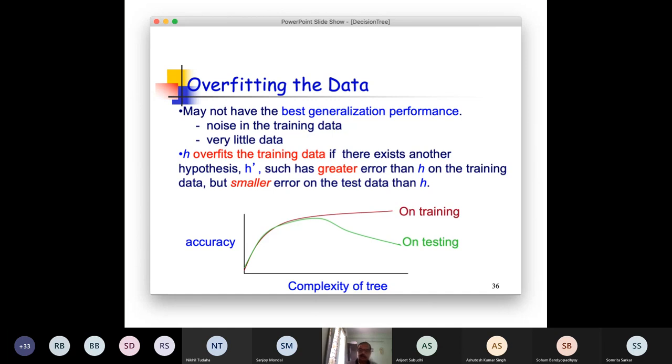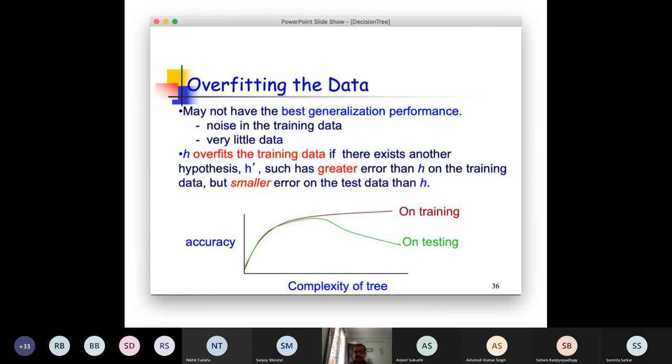Okay, so we are discussing this overfitting of the data while building a decision tree, particularly when you are trying to get almost the full tree. I mean, we are trying to get a consistent hypothesis.